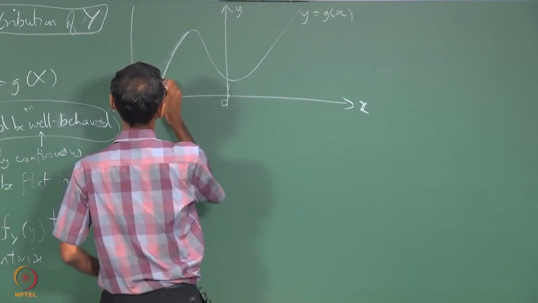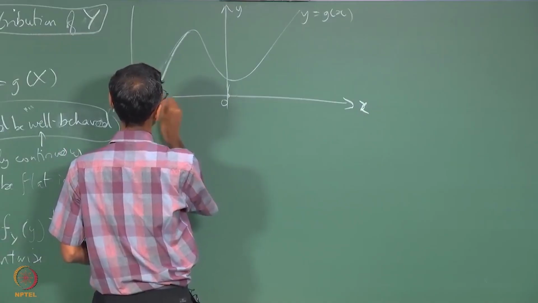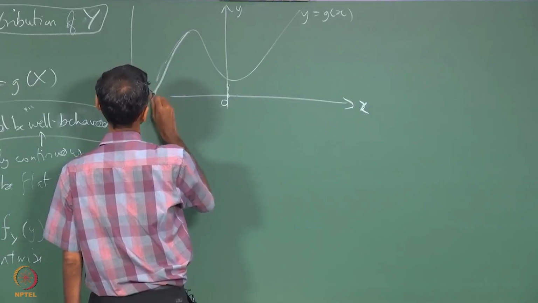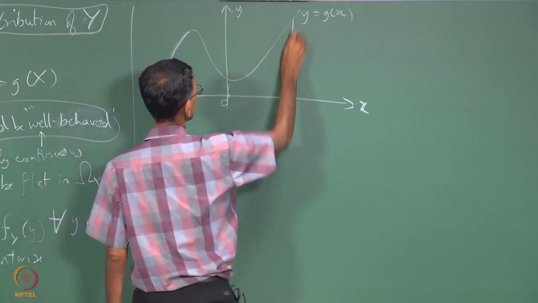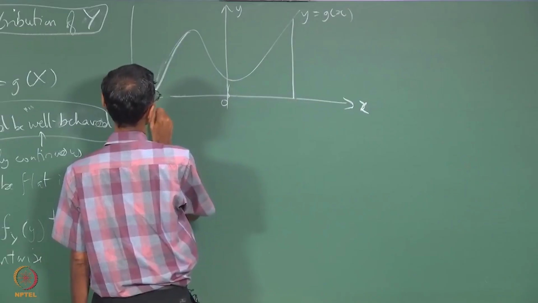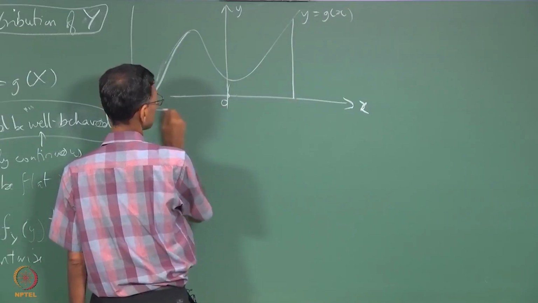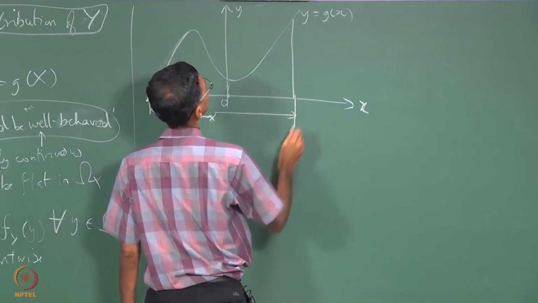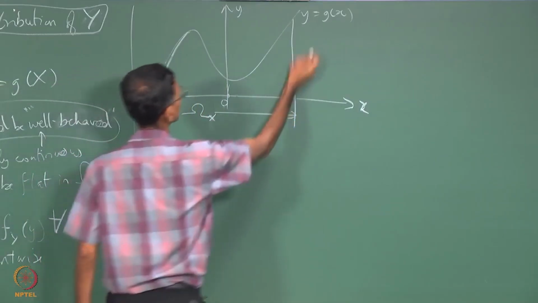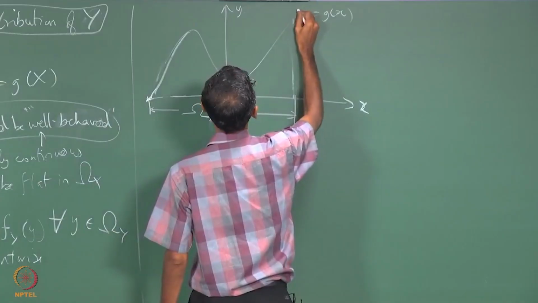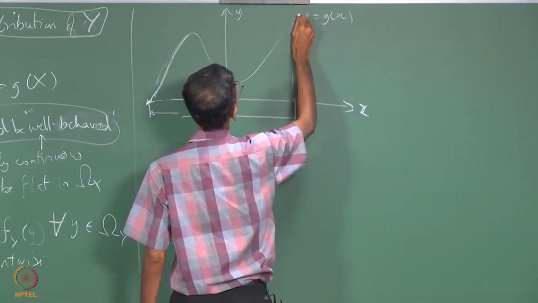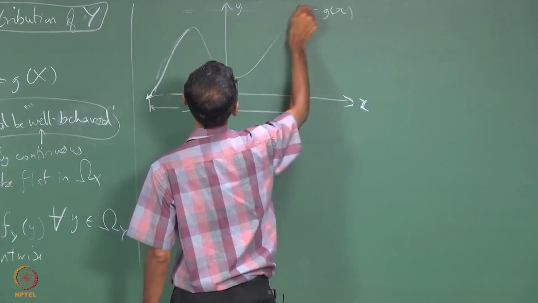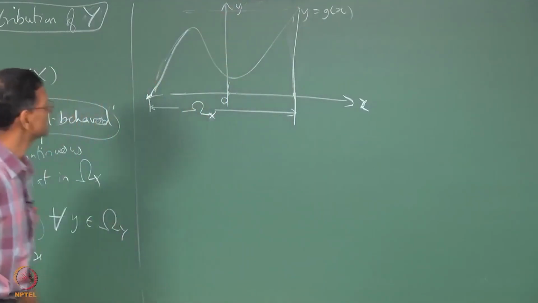Okay, and let us say for the sake of argument that we have omega x maybe between here and here. Let me take this point above this, just so that I have some variation. Right?